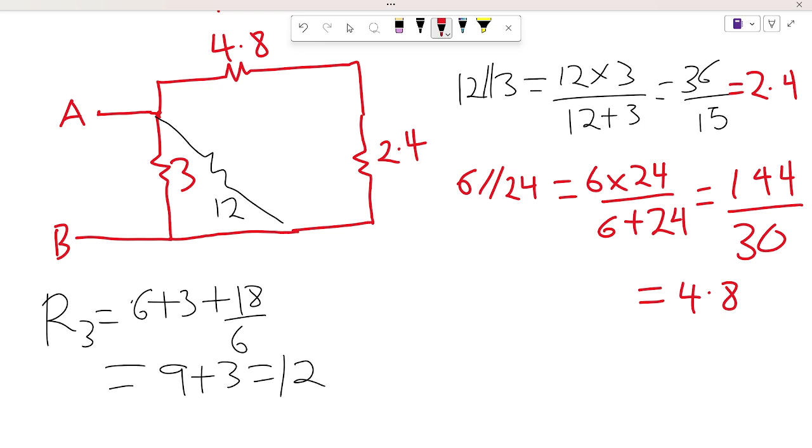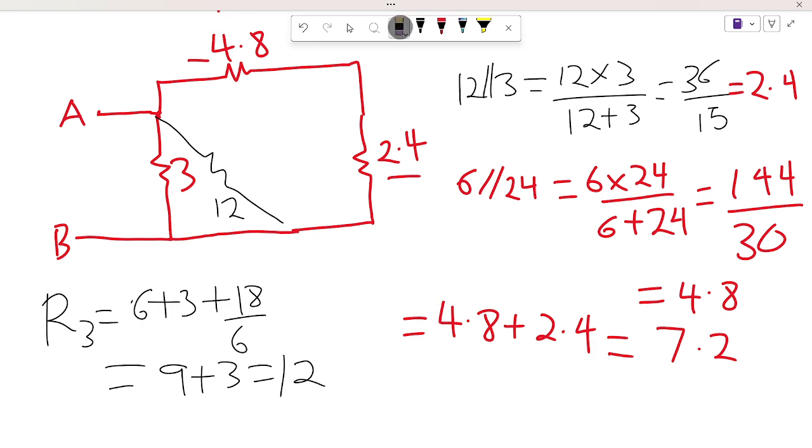So we realize that the 4.8 and the 2.4 are in series. So we can add them up. So 4.8 plus 2.4, we are going to get 7.2. Okay, so we can further reduce that portion.